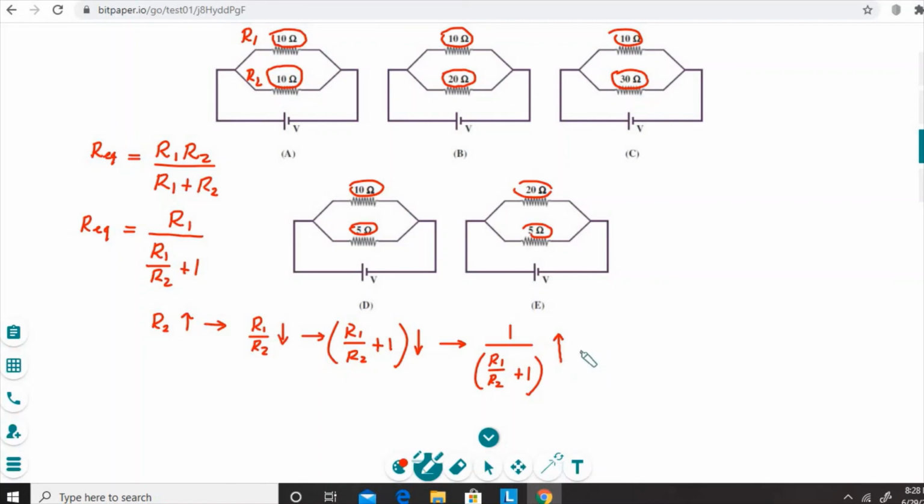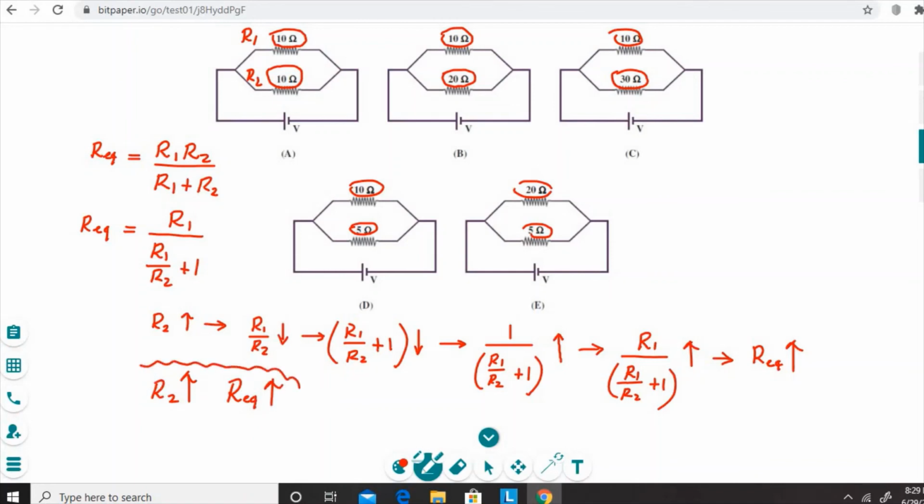As a result, you can see R1 divided by R1 over R2 plus 1 is increasing, and that means R equivalent is going to increase. So when R2 is increasing, we have R equivalent increasing.